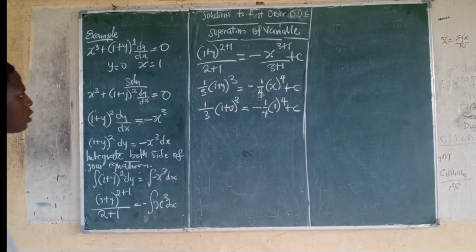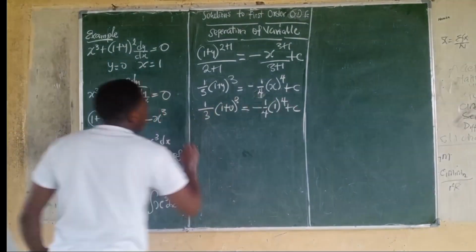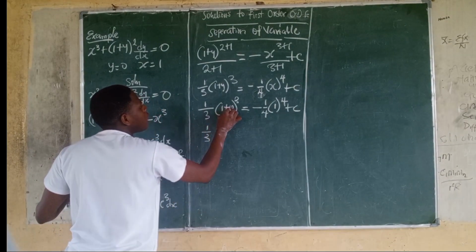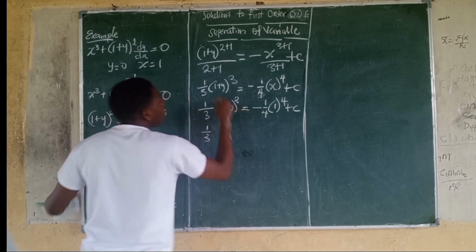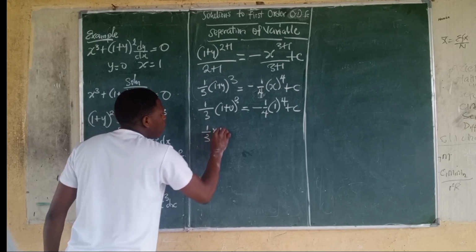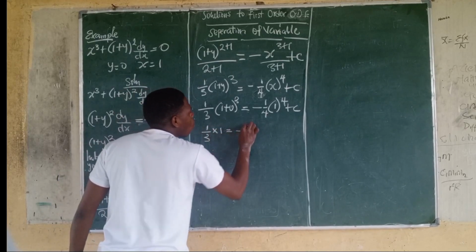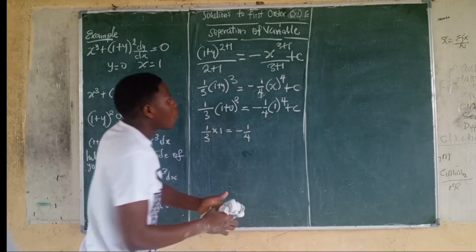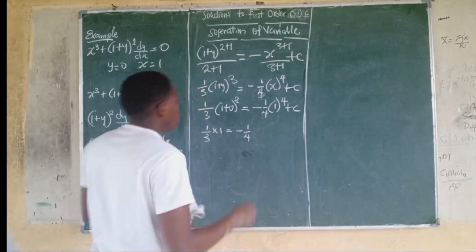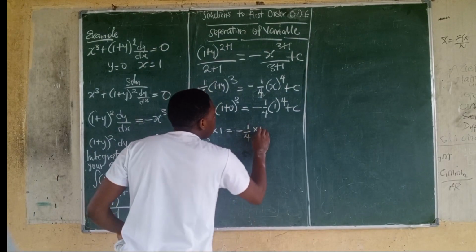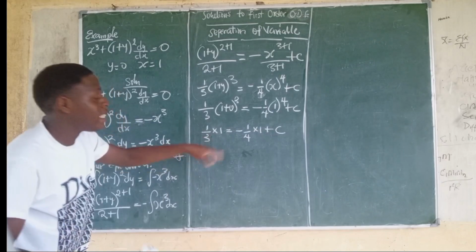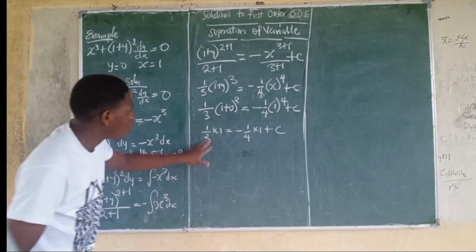So if you do that, you can simplify what you have here. This will be 1 over 3. 1 plus 0 is 1, raised to the power of 3 is 1, so this is multiplied by 1, and this is equal to minus 1 over 4. 1 raised to the power of 4 is 1, so we have 1 multiplied by 1 plus c. What we have here, 1 over 3 multiplied by 1, is 1 over 3.